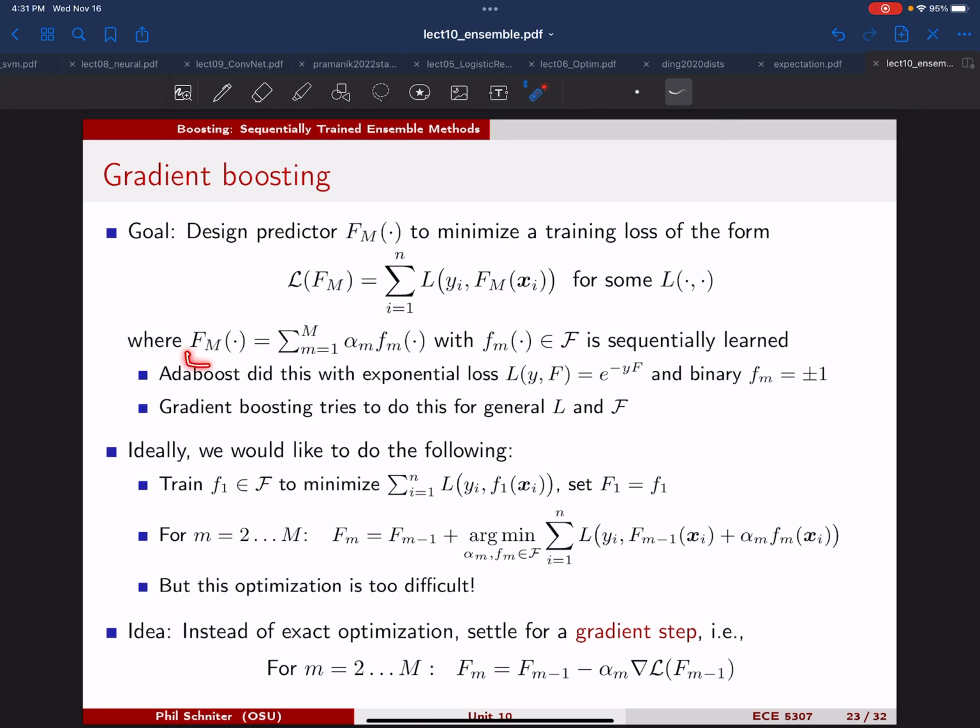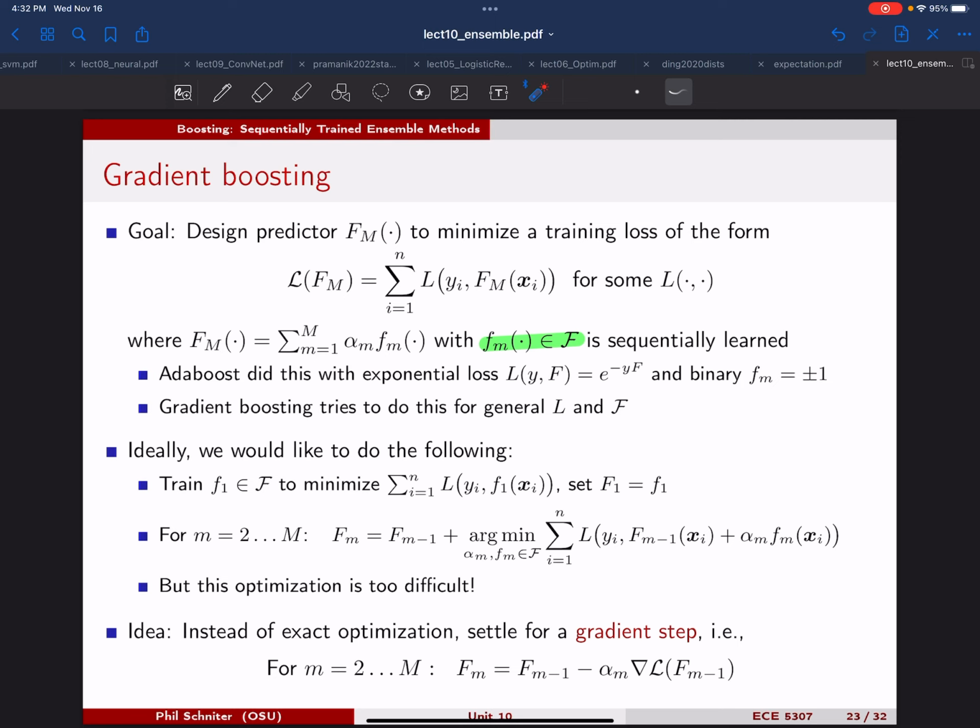So now the way we're going to get our boosted classifier is exactly the same as before. It's the sum of the base classifiers, the little fm's, scaled by an alpha m. And we are going to assume, this is very important, that our base classifiers have a particular form. So for example, maybe our base classifiers put out binary decisions, and that's just a constraint we have, or maybe they put out real numbers or whatever, but they have a particular form.